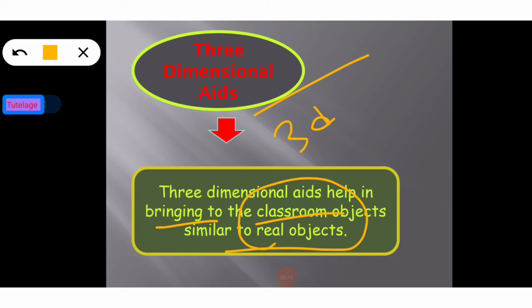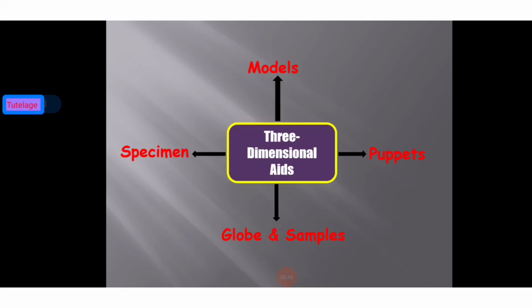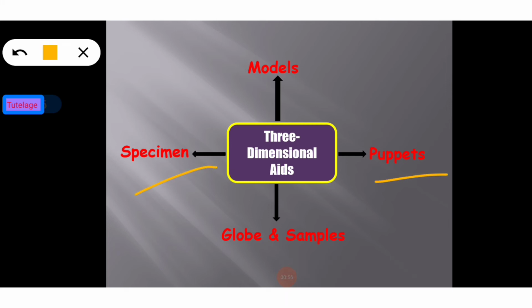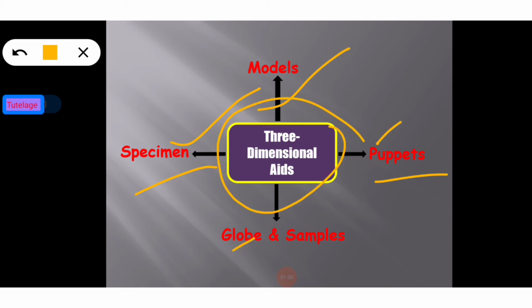So some of the common three-dimensional aids are models, diagrams, globes and samples, specimens, puppets, etc. All are examples of three-dimensional aids.